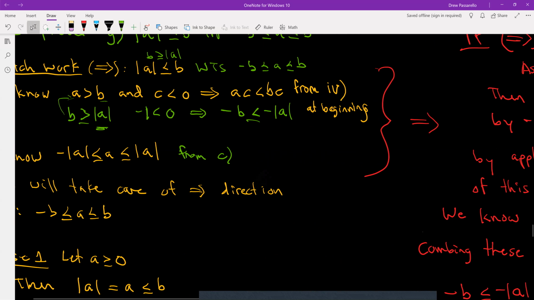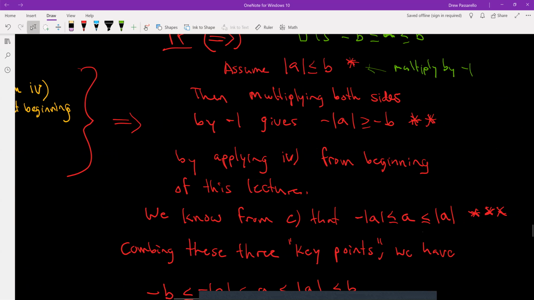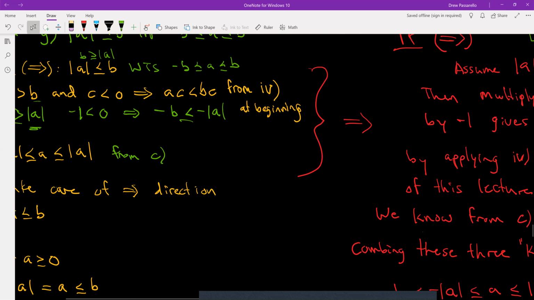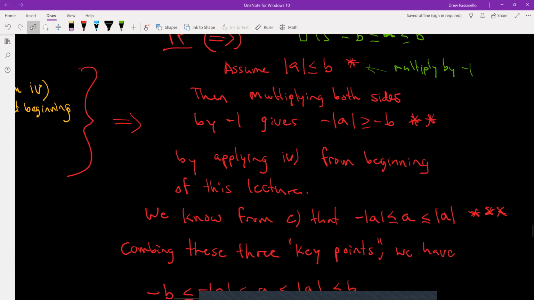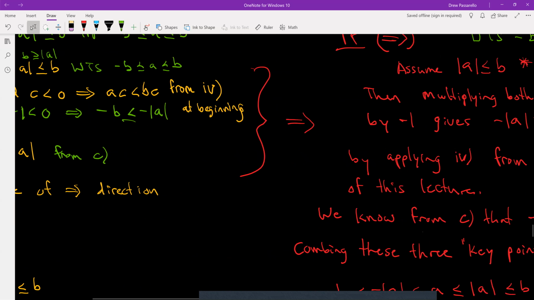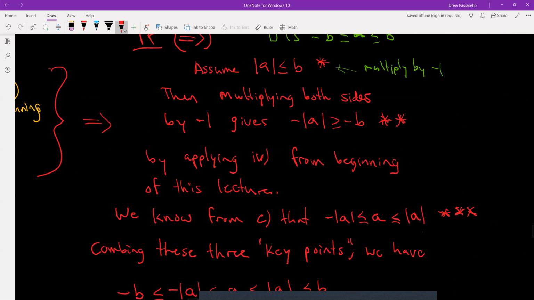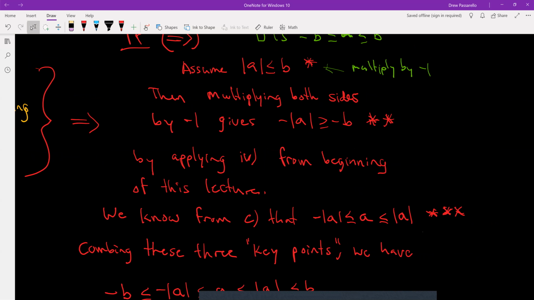Okay, so that's using that part. And I wrote it in the proof as: this is the same thing as negative absolute value of A greater than or equal to negative B. That's how I wrote it in the proof, using Roman numeral 4.